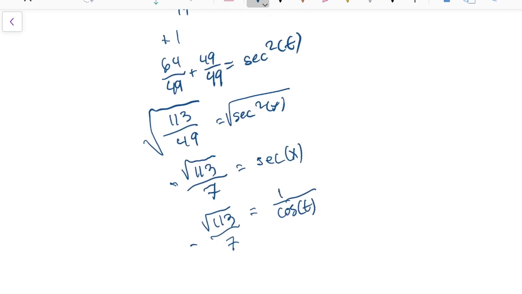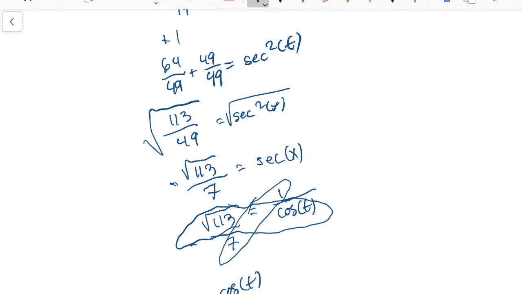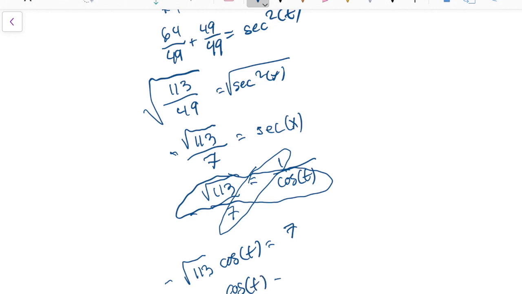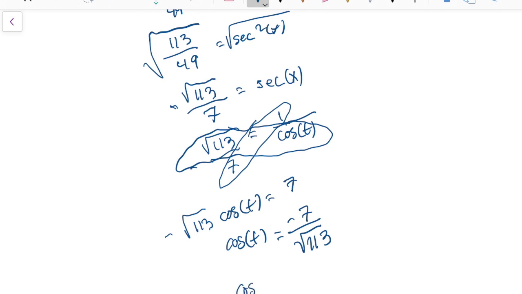Okay, with that said, then cross multiplication, we get negative cosine of t times square root of 113 equals 7, which becomes cosine of t equals negative 7 over square root of 113.